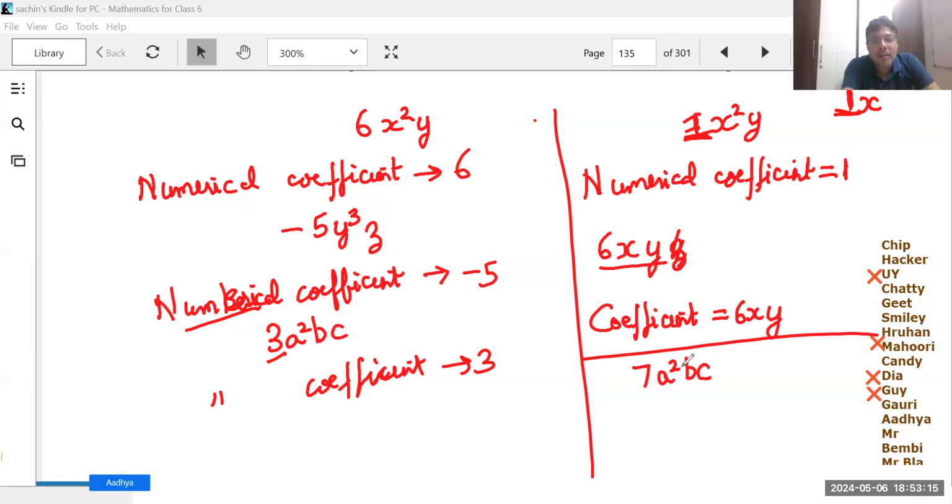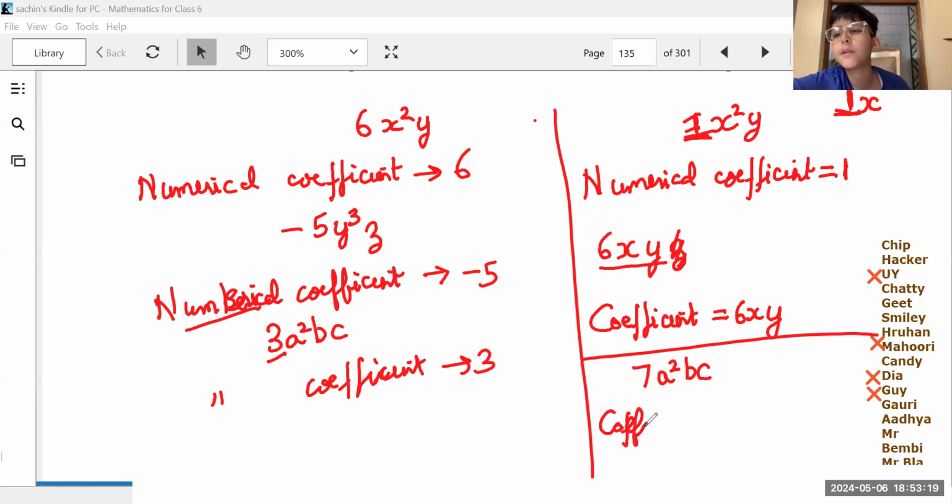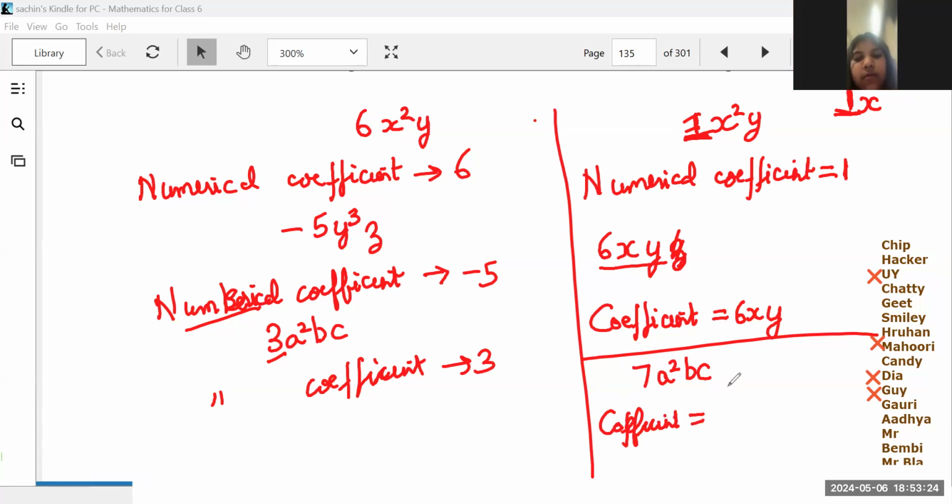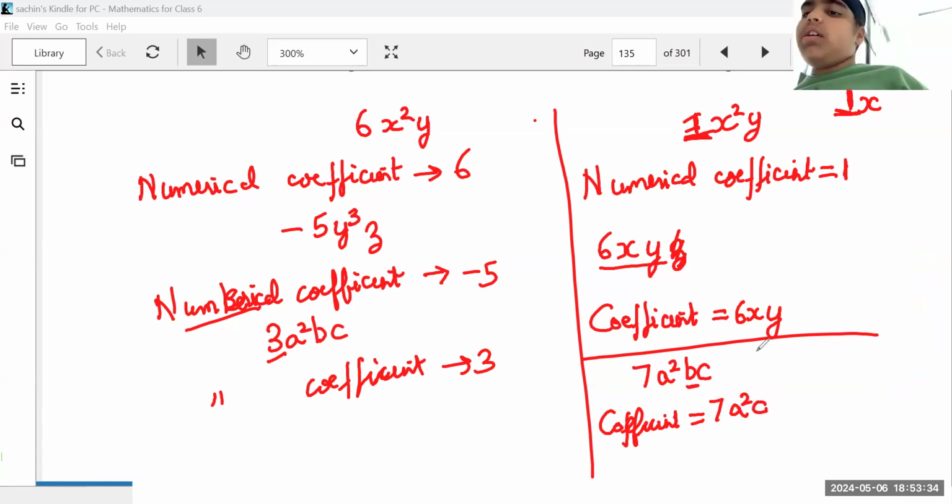Beta, 1 second. What is the coefficient of b in this? Sir, I wanted to ask what the numerical coefficient for 7a squared c would be. Gaurish, what are you saying?